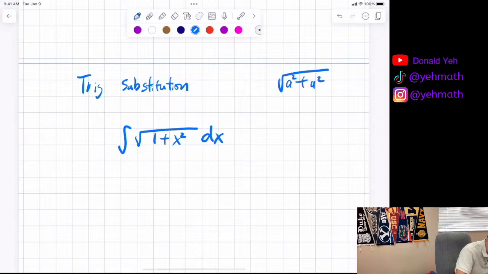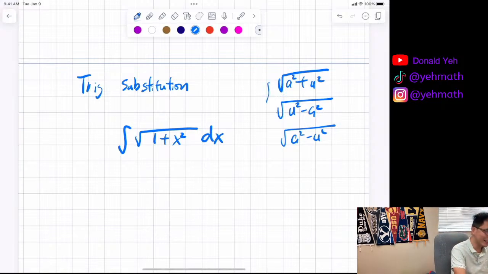It could be u squared minus a squared, or a squared minus u squared. Anything in an integral that has some kind of format like this can help you integrate. Now, we're going to think about integration and we're going to think about geometry. This one is very difficult. Like I said, you have to focus on what happened.